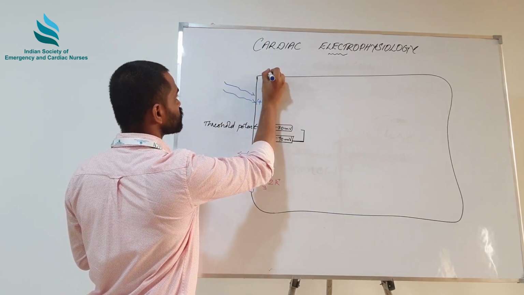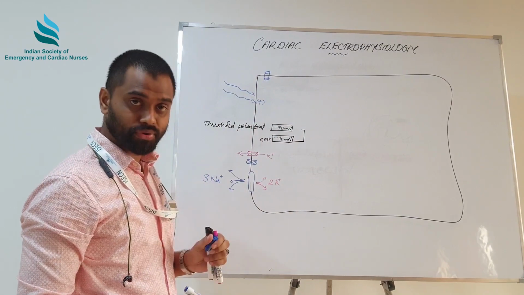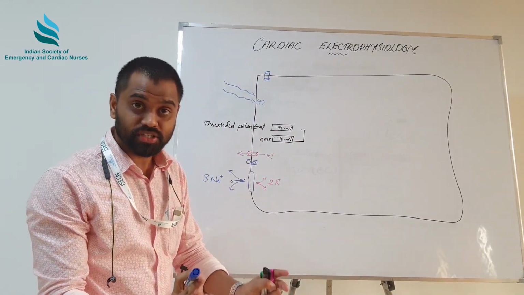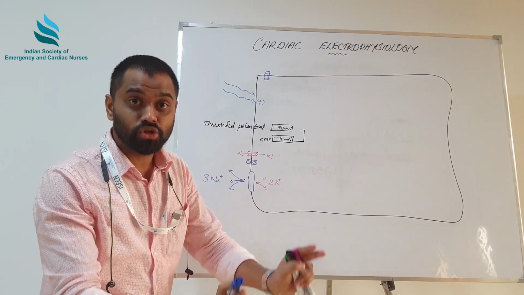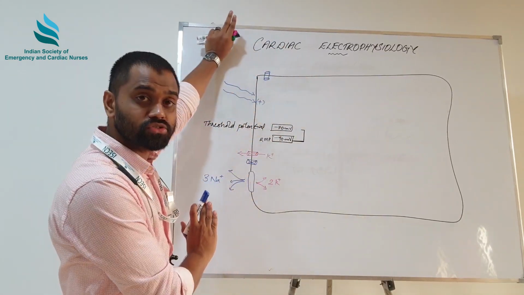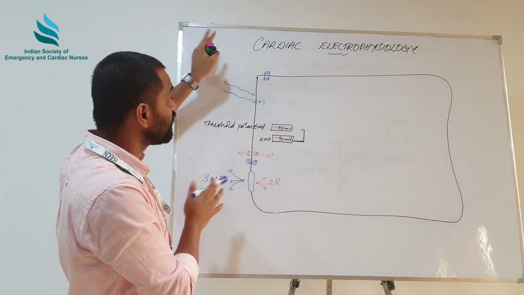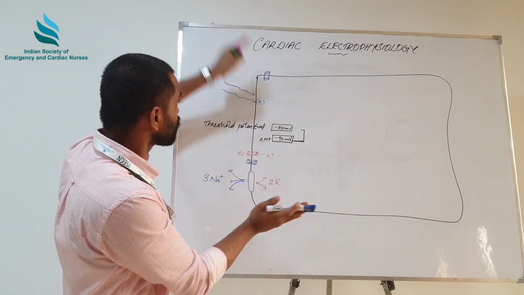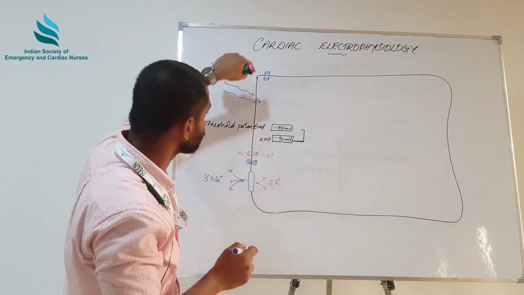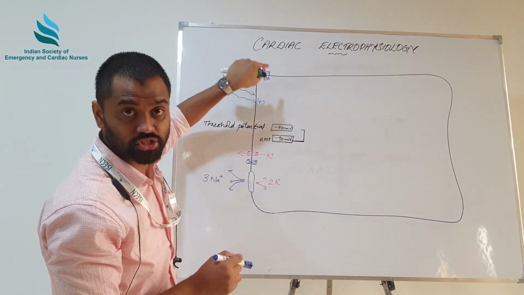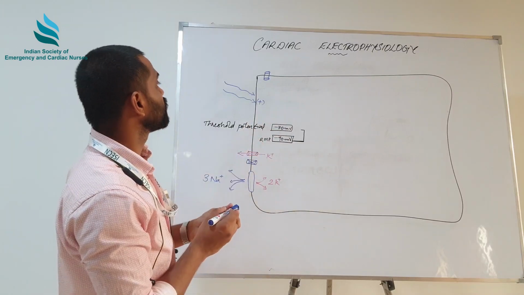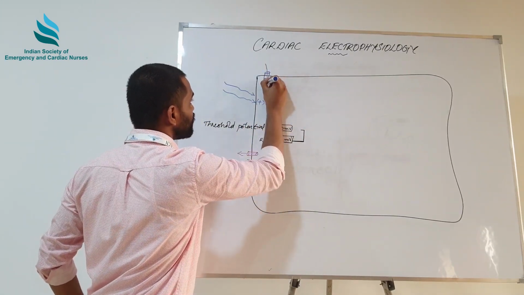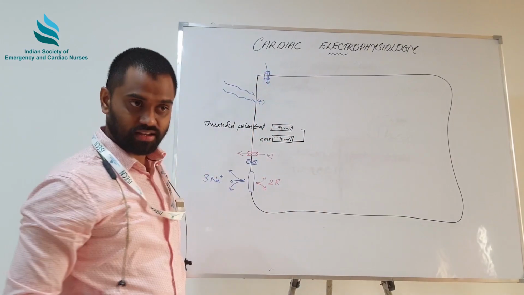These voltage gated sodium channels will open, and we know the cell is a bag of potassium immersed in a sea of sodium. There is a high concentration of sodium outside the cell and a high concentration of potassium inside the cell. Because of the concentration gradient, as soon as the voltage gated sodium channels open, sodium will flood into the cell.